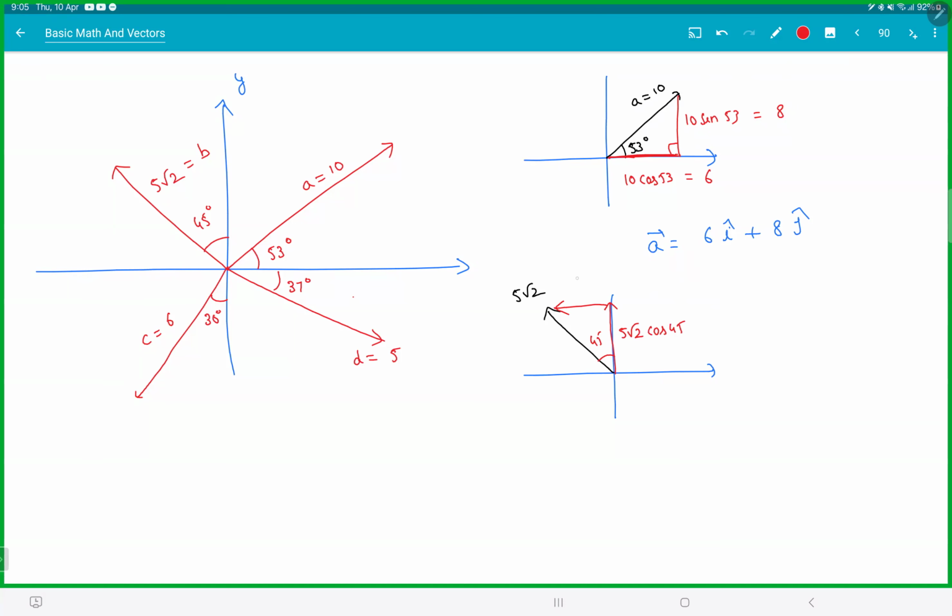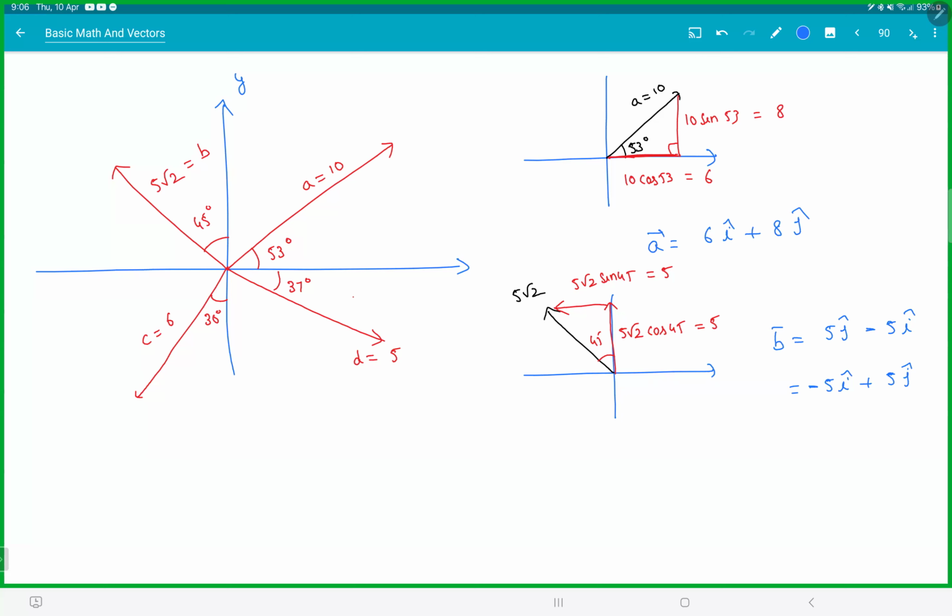This will be 5 root 2 sin 45, because sin and cos are same. So this guy is 5. This guy is also 5. So if you want to go along the B bar, you need to travel 5 units up, so 5 j cap, and then travel 5 units back, which is minus 5 I cap. So I will rearrange this: minus 5i. We prefer to keep I in the beginning and then j cap. Is that understood? So every time the angle need not be with x-axis. You can take any angle with anything. It won't matter.